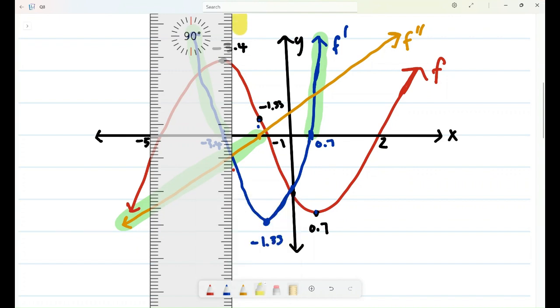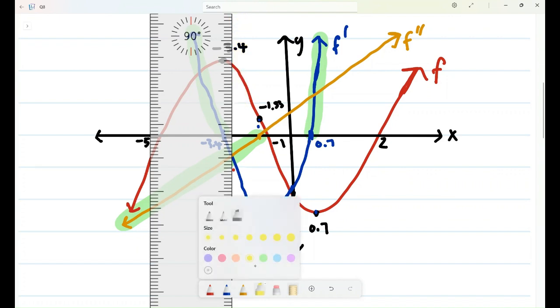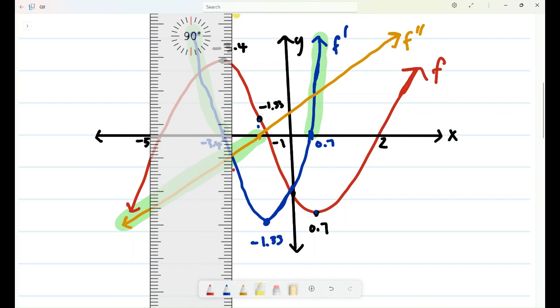Let's check from this point there. Can you see that from this point going to the right, only f prime prime is negative, and there's no other green color supporting it?